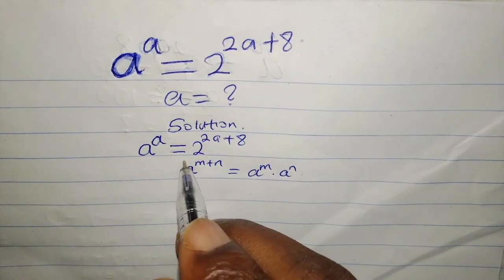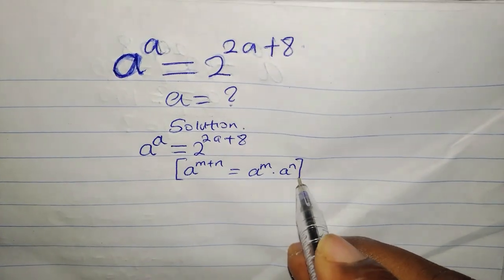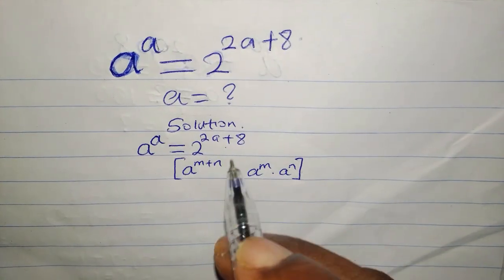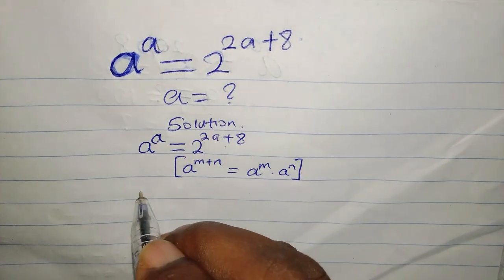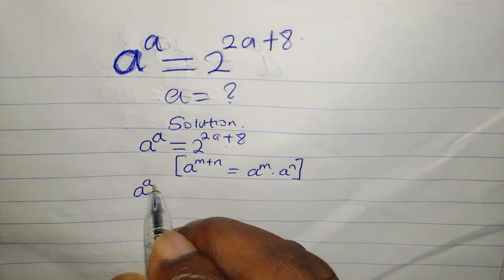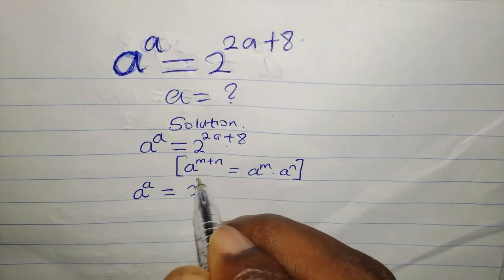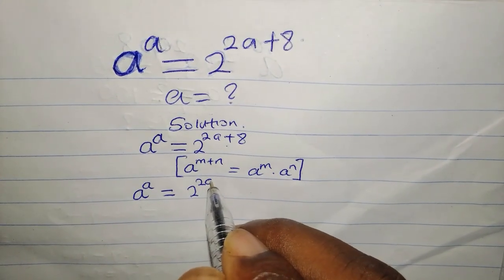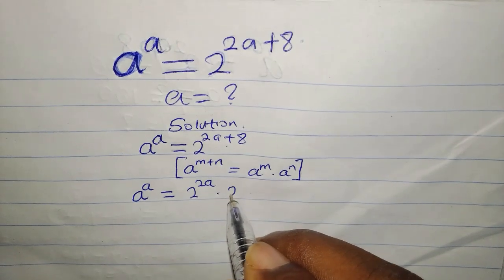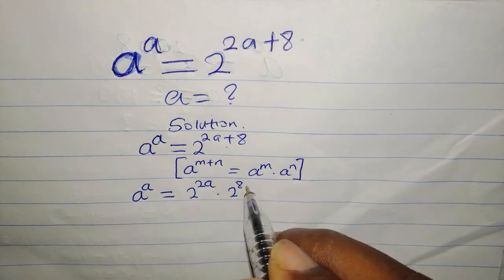So if we put this through at the right hand side, we have a to the power of a equals 2 to the power of 2a times 2 to the power of 8.